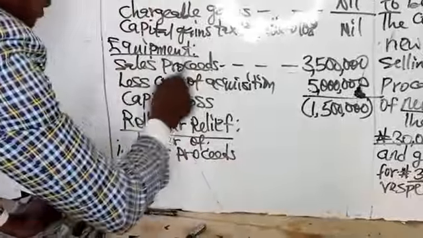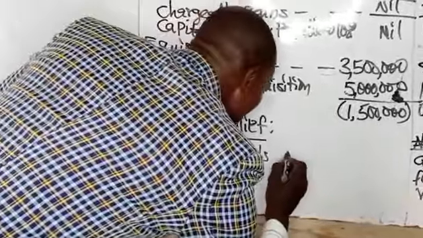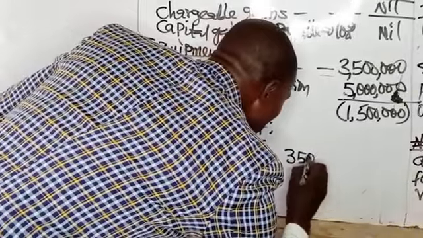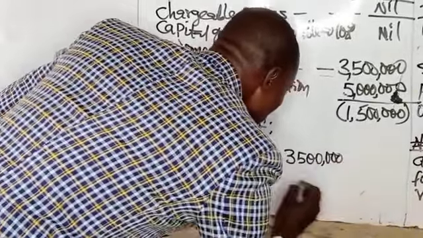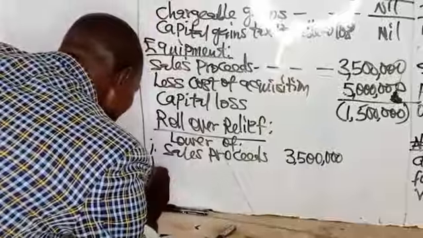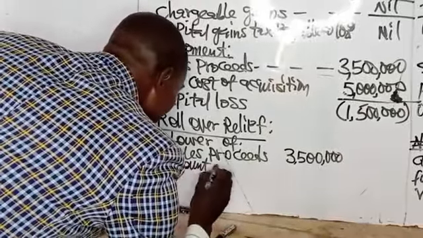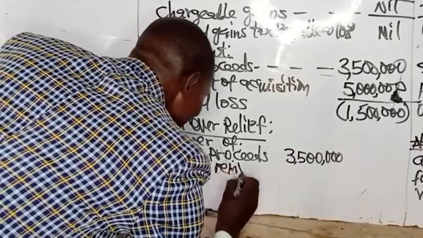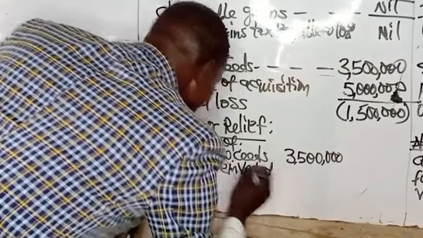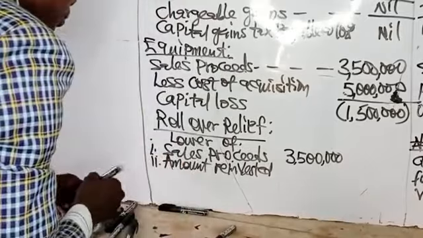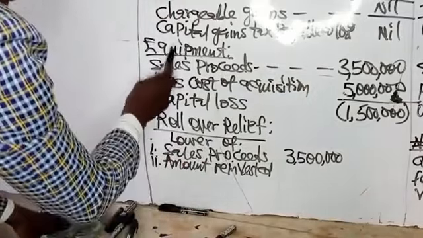The sales proceed of equipment is 3.5 million. Then amount reinvested. How much was reinvested on equipment?